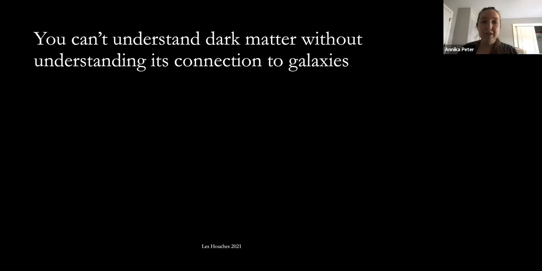Okay, so let's talk about approaches to trying to understand the dark matter-baryon connection, and how we can simulate different types of dark matter and then pull dark matter constraints out of a combination of simulations and observations.